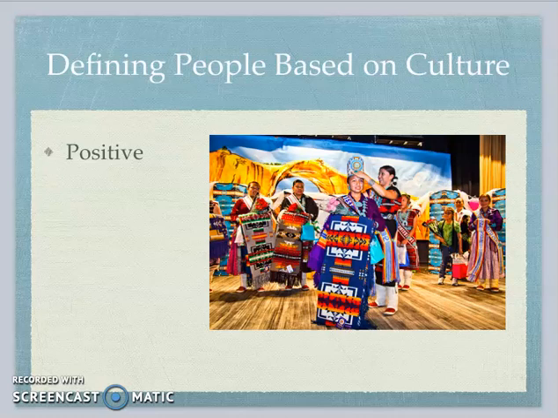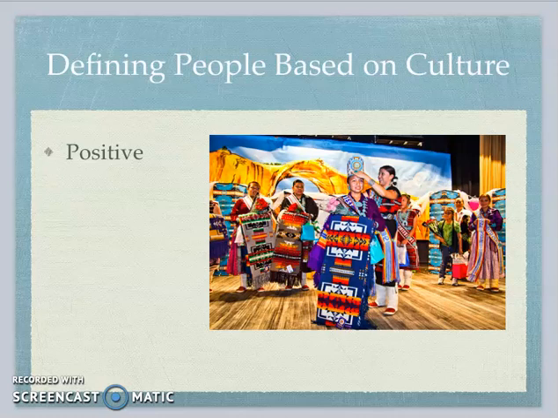Now, when we say that we are defining people based on culture, there is a positive aspect. And really what this allows us to do is have a general understanding. And when we say a general understanding, it means in very broad, generic terms, it gives us an idea about a group of people and who they are.